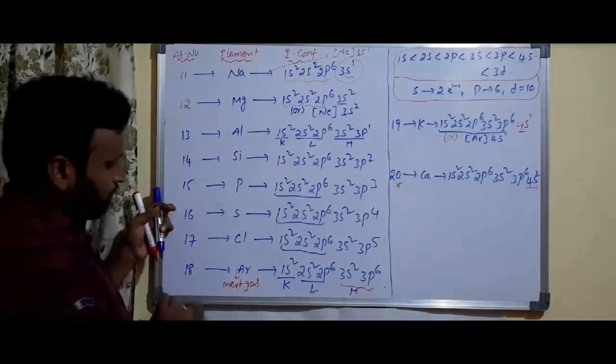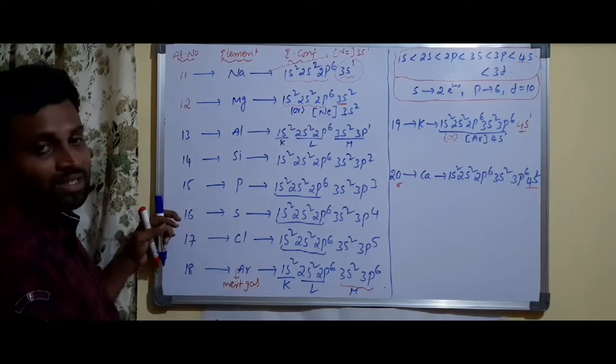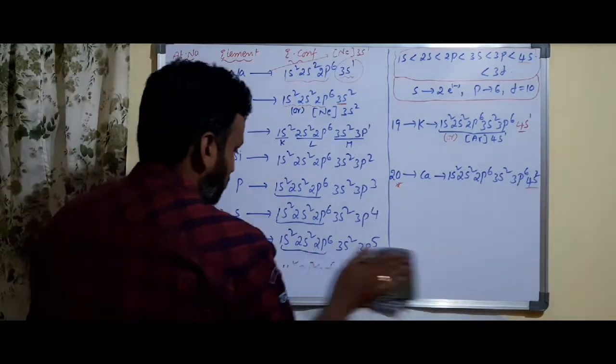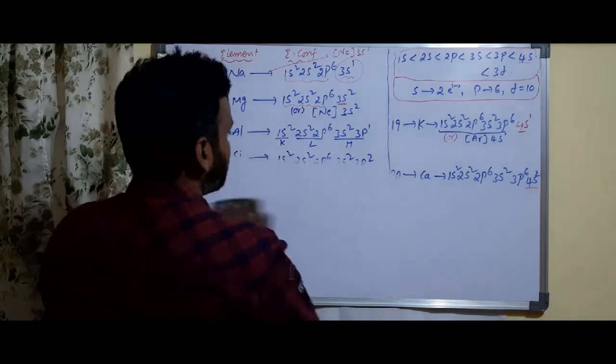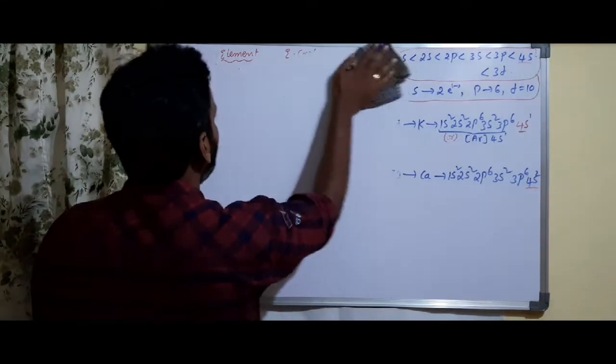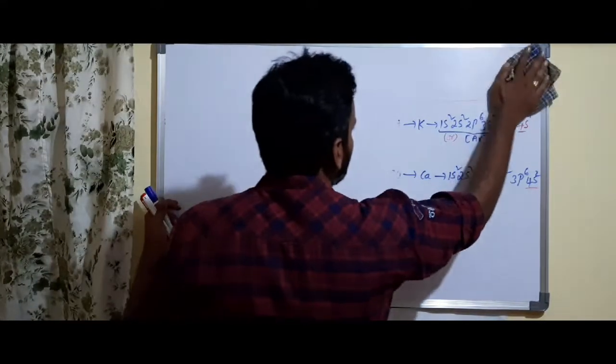Okay, hope you understood. Write down all these 30 elements' electronic configurations. Let's see the next 10 elements' electronic configurations.